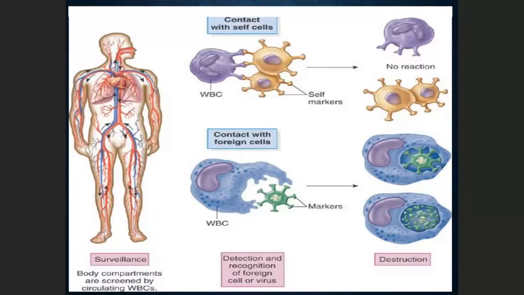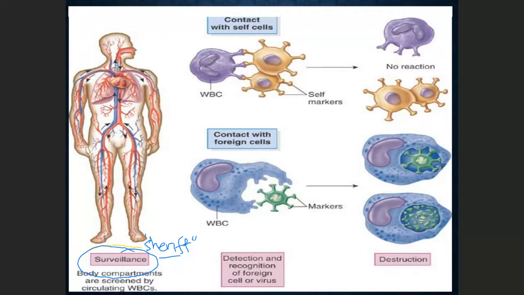Okay, again, this is the process. The immune system, especially the T cell, will always perform surveillance. If we talk about our community, maybe this T cell works like a sheriff or police that always surveys the neighborhood and checks if there is something happening.